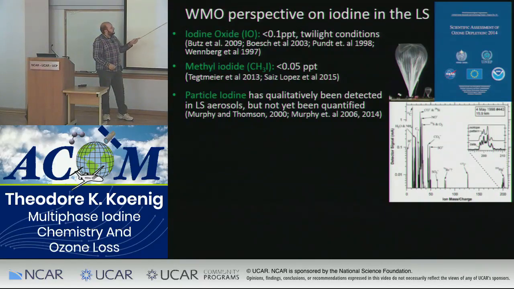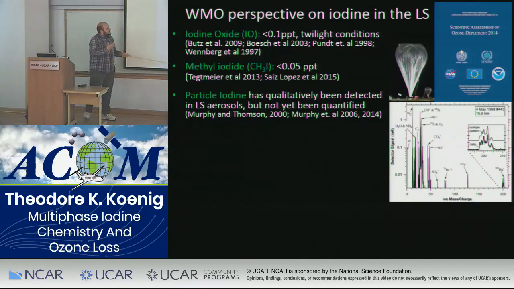Methyl iodide, we actually have some detections. The global average comes out to about 0.04, 0.05 ppt, which is not a huge number. And then for particulate iodine, there have been repeated qualitative detections of a large increase in the frequency of iodide observation, I should say, around the tropopause from the PALMS data from the NOAA group right down the road from us.